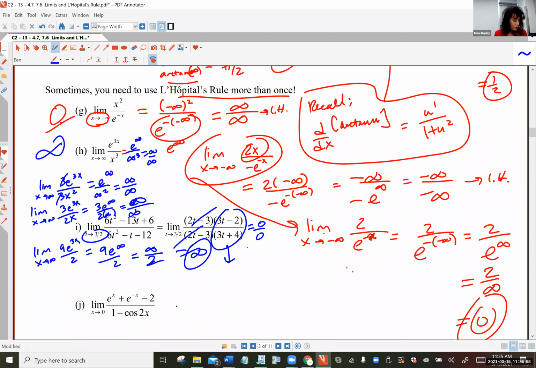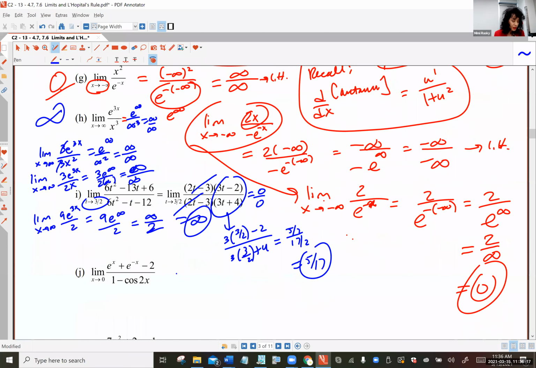And then when you use direct sub on that, you substitute in your 3/2 like this. And then you get a nice answer. You get 5/2 over 17/2, which is 5/17. But let's say you didn't know to factor. You would just use repeated L'Hopital's until you ended up getting this answer, and you will.